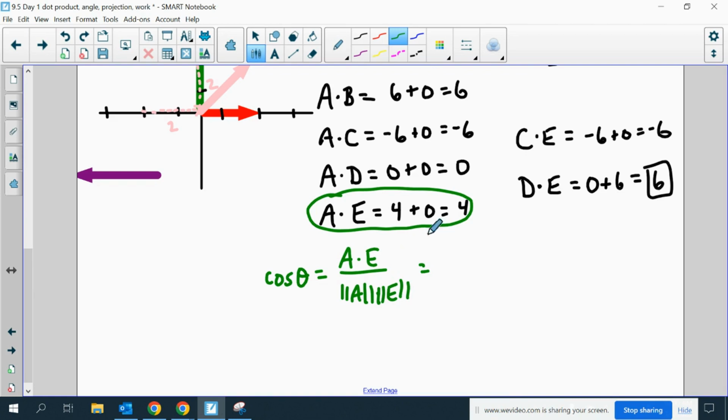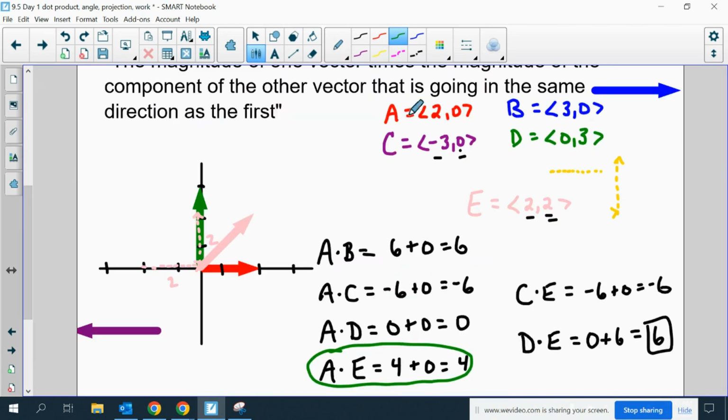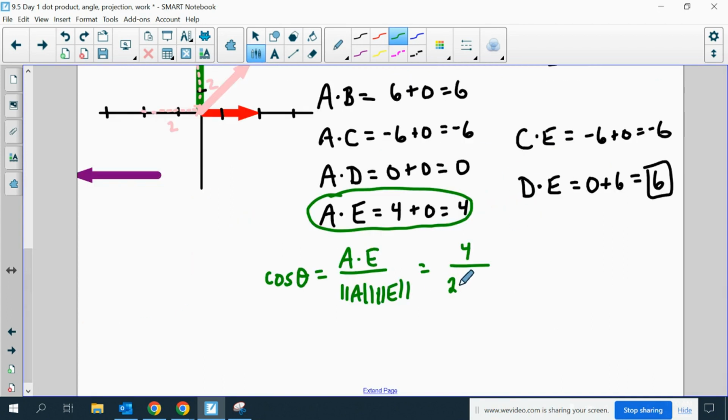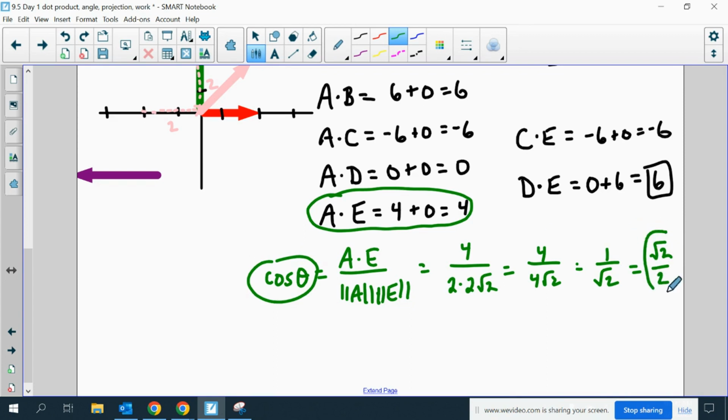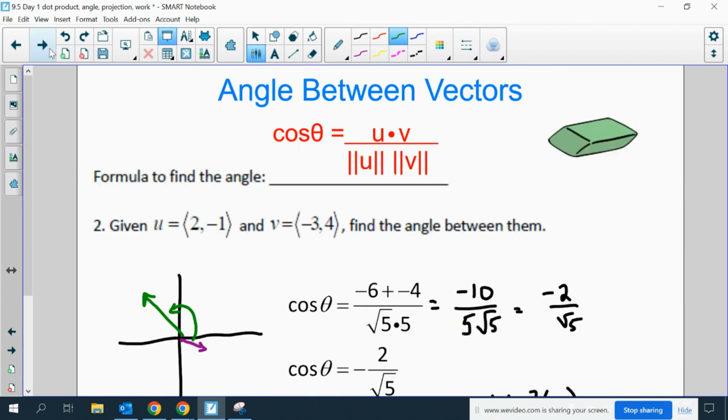So A dot E is 4. A has a magnitude of 2, and E has a magnitude of 2 root 2. So I end up with 4 over 4 root 2, which is 1 over the square root of 2, which is root 2 over 2. And I know that the cosine of theta equals root 2 over 2 when theta is pi fourths or 45 degrees. So that's just another confirmation of what we're seeing here.